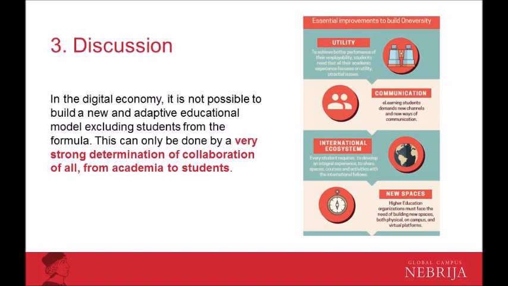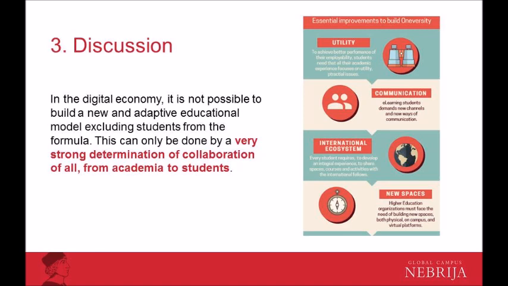In communication, they demand new ways of communication. They also demand an international ecosystem, which is highly rated, and they also begin to ask for new types of spaces, not only on campus but also on virtual platforms.